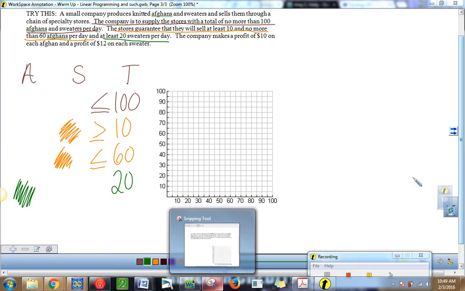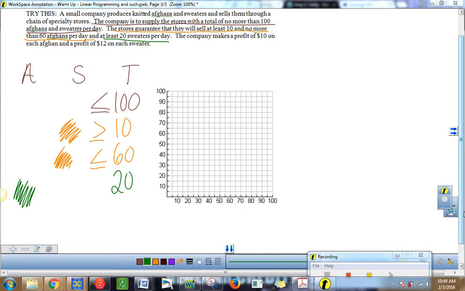Okay? So if I want at least 20 sweaters, is 20 the smallest or the biggest number? So I want the smaller part of the symbol to go towards the 20. Does that make sense? So far so good? And then once you see this word profit, that's that other equation. That's the C equals or the P equals, right?